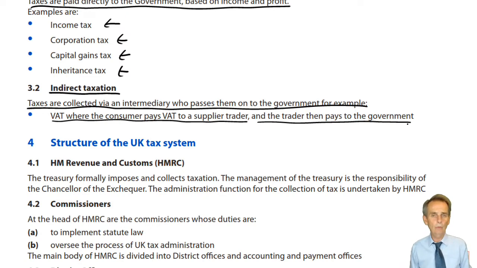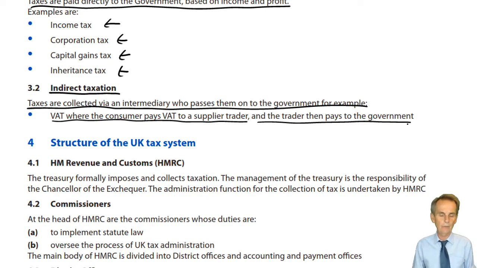So what they will do for a set VAT return period is to account for the excess of the output VAT on the sales that they have made over the input VAT that they have suffered on the purchases and expenses that they have incurred. And in that way, HMRC gets its money.